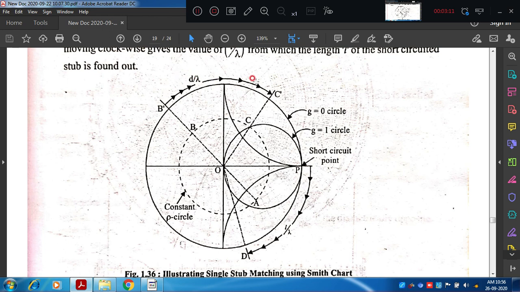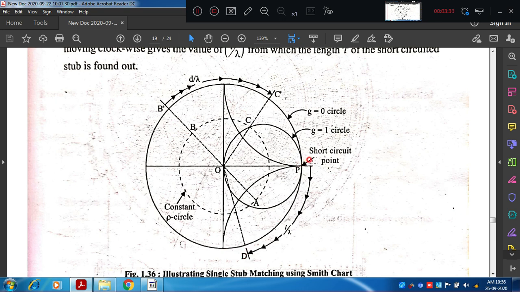So this is one step. At this point, it has some arc value, that is plus j some value, which is capacitive susceptance. To nullify that, we should take the opposite, minus j some value. There we get a line, that is OD.